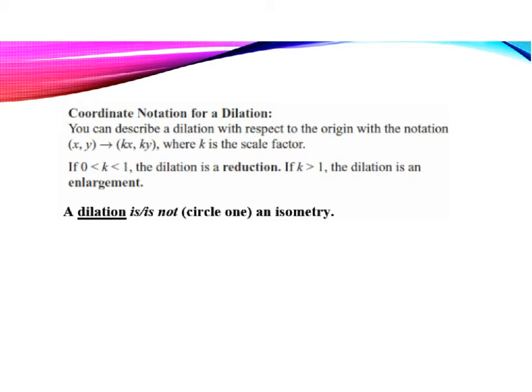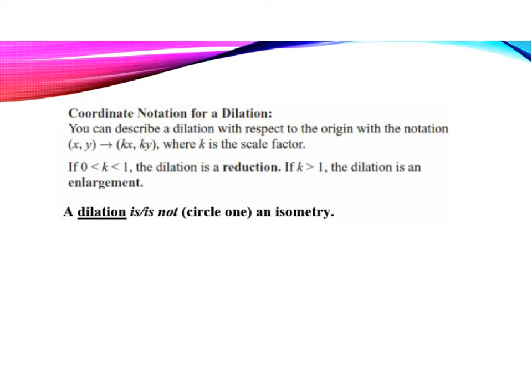If our scale factor is between 0 and 1, some sort of fraction or decimal like 0.4 or 1/2 or 1/4, something very small between 0 and 1, we have a dilation called a reduction. This is going to make our image smaller. And if we have a value of k that is greater than 1, we call this dilation an enlargement because this makes our image bigger.